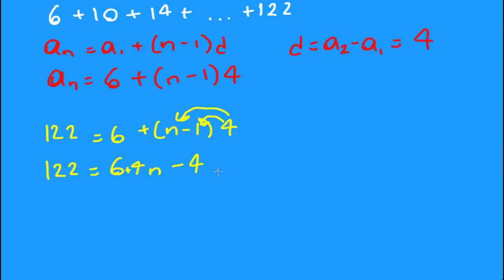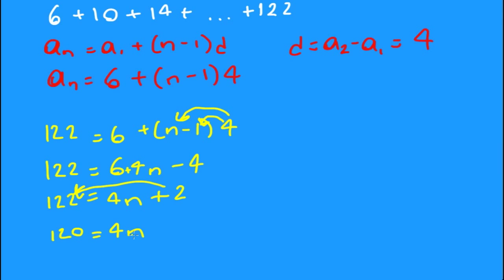So that would be 122 equals 4n, and 6 minus 4 is 2, so 4n plus 2. Now let's leave this 4n on its own. It's going to be 122 minus 2, because we take this 2 over here. So 120 equals 4n.